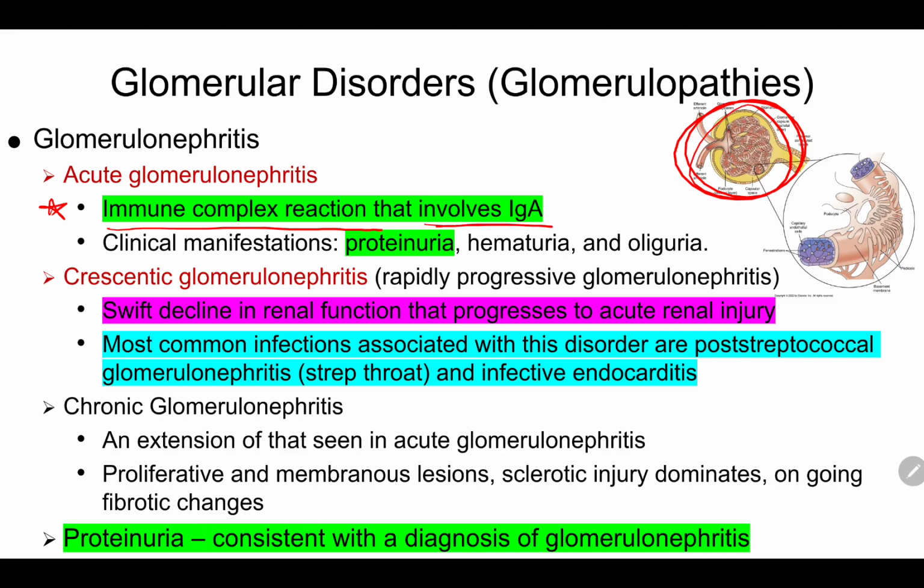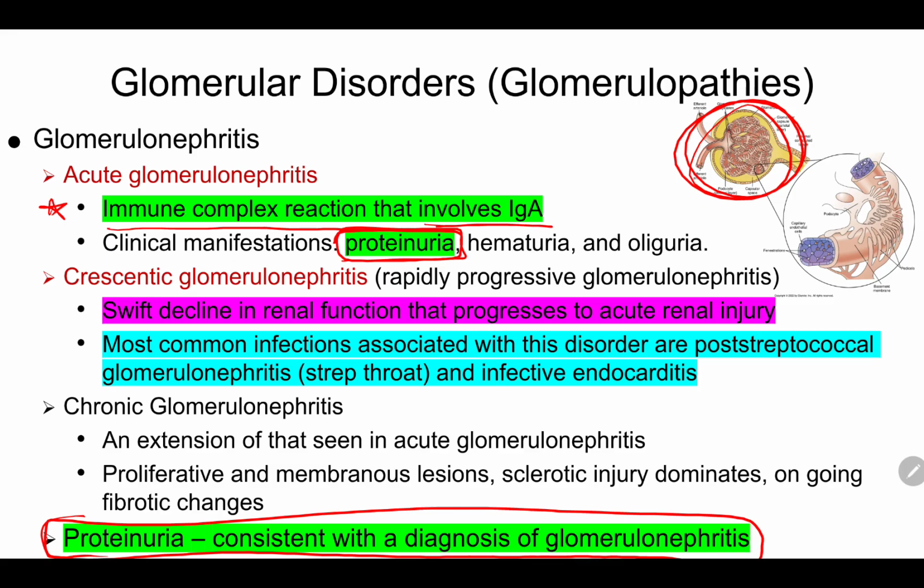And so the clinical manifestation of this is where that patient is going to have proteinuria, right? So proteinuria is going to be consistent with a diagnosis of glomerulonephritis. You've got to remember that, because essentially the glomerulus is inflamed. Now, normally, you should not really filter proteins.